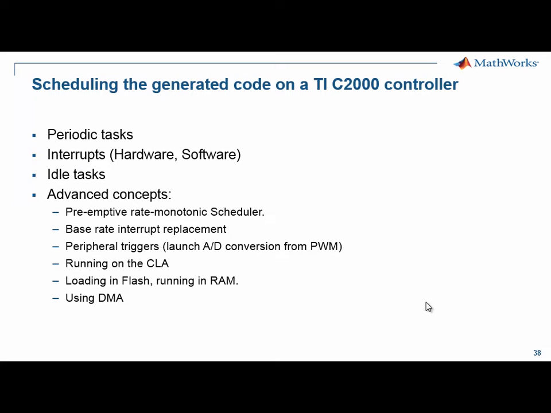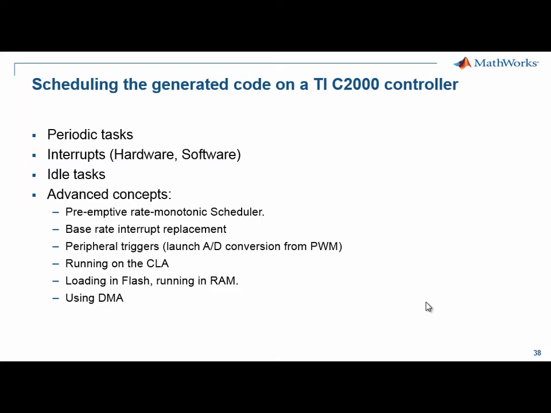You can also offload your CPU with mem copies by using DMA, and that all takes advantage of our preemptive rate monotonic scheduler. So that offers multitasking where your fast rates are actually preempting your slow rates, and that's built in Simulink rates.